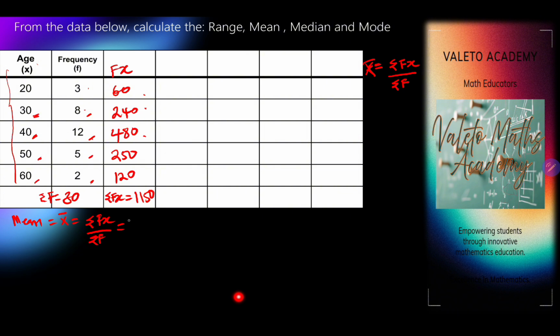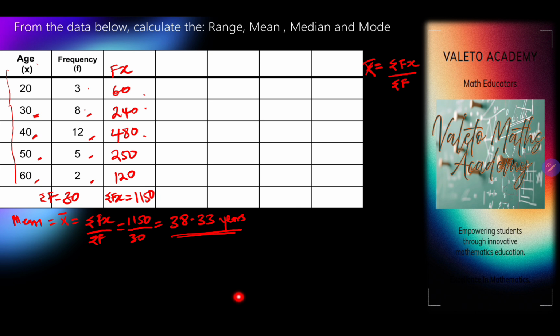And this is the same thing as 1150 divided by 30. 1150 divided by 30 gives us 38.33. 38.33 years. Age is in years, right? So this is now the mean age of this data set.